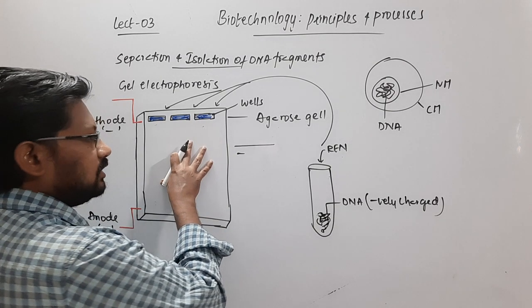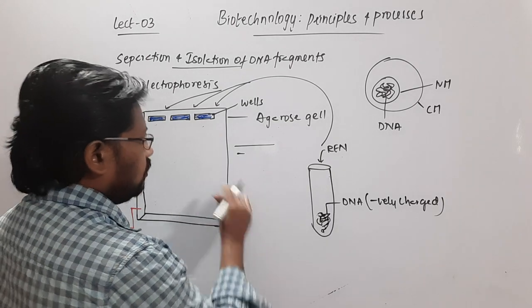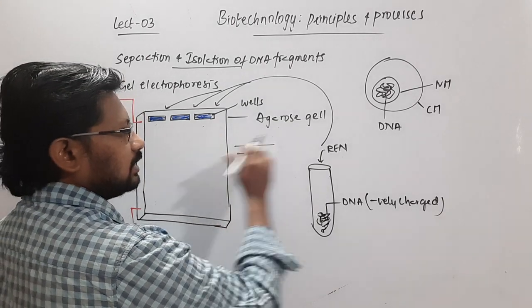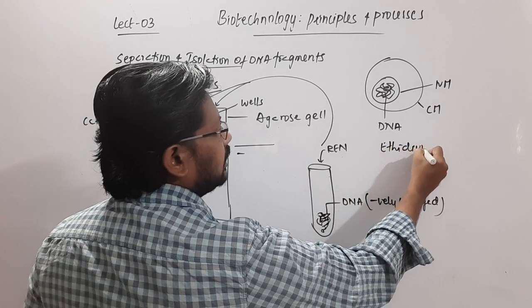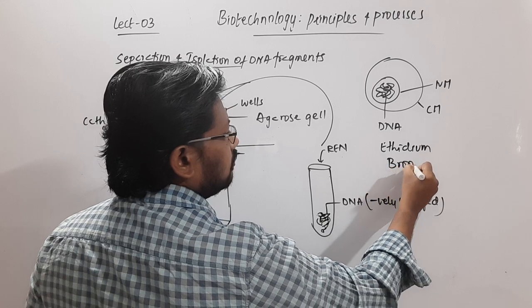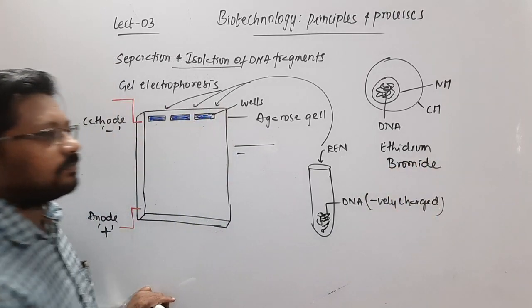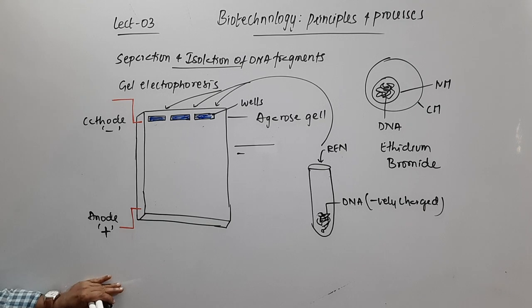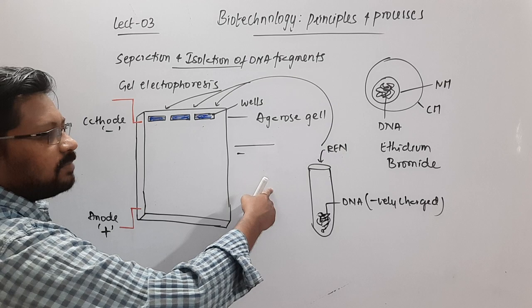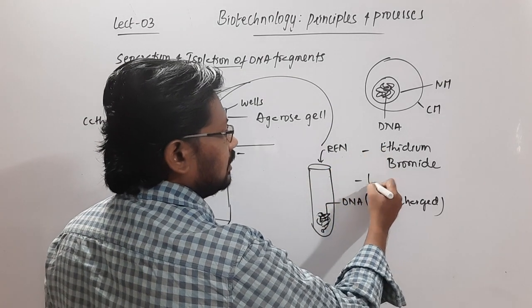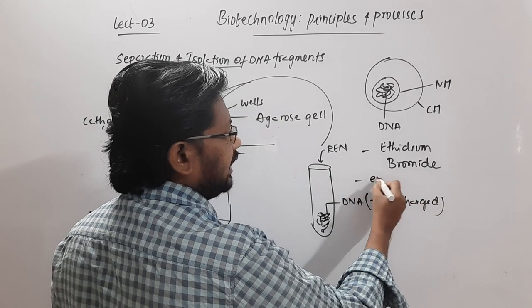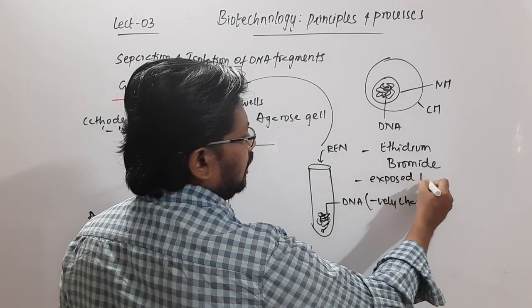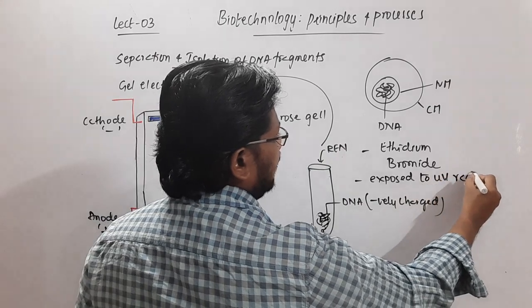So once I finish this gel electrophoresis, this agarose gel is treated with ethidium bromide, and after treating with ethidium bromide, later it is exposed to UV radiation.